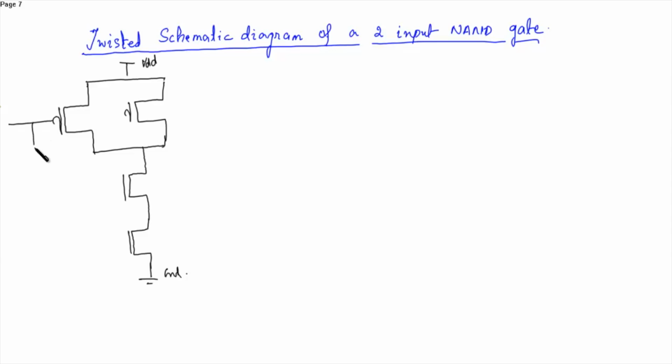So let's say this is A, and this is B. This is A, this is B, this is the output Z, P1, P2, N1 and N2.